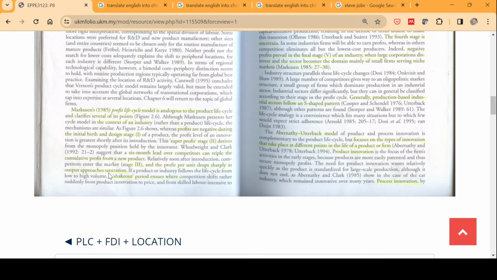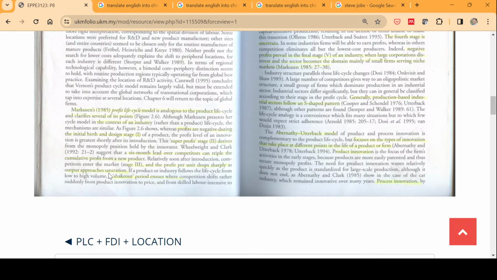So they're getting only normal profit. Many competitors will join in the competition. So here the company will have only normal, not super profit.